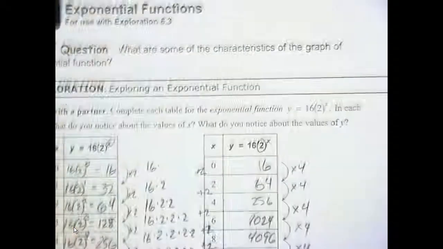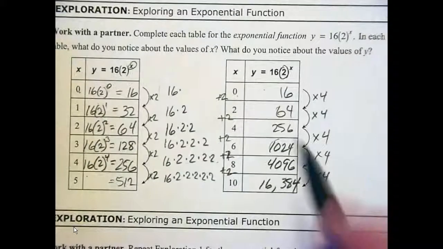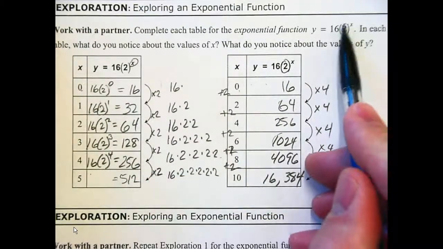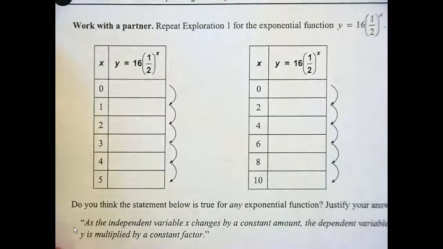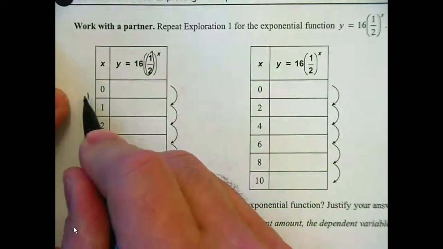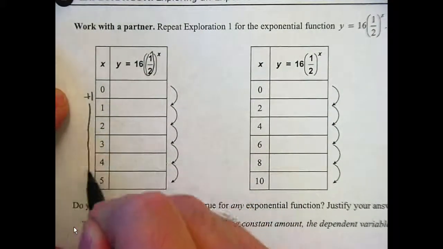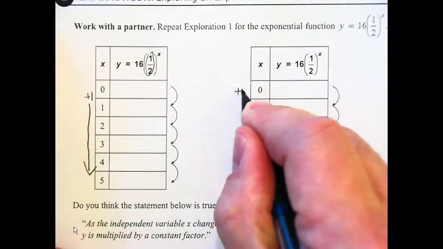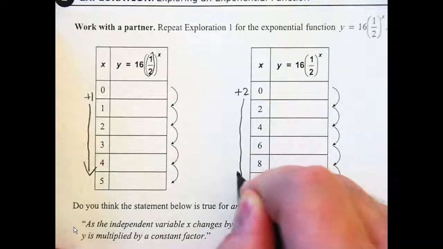Okay, let's go back up here. What was our number that we were multiplying by? 2. The 2 was our base. What are we going to be multiplying by here? 1/2. That's our base, as long as you're going up by 1 over here. So here you're not going up by 1, you're going up by 2.